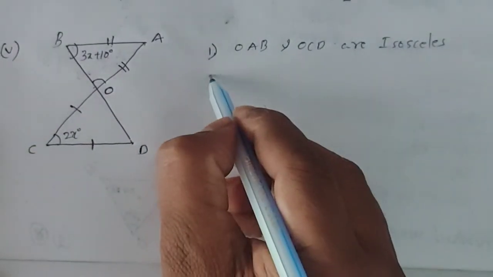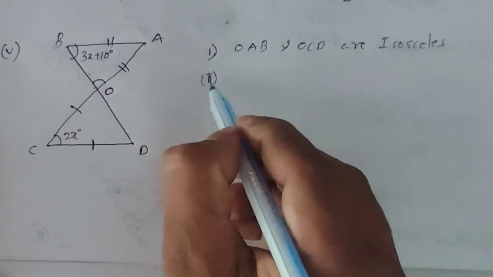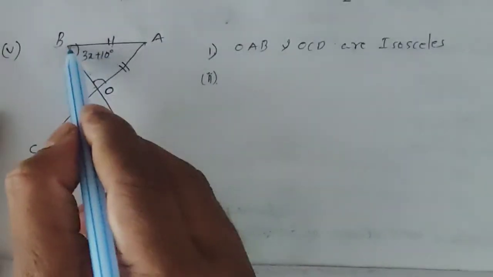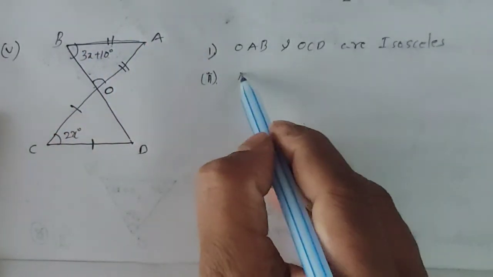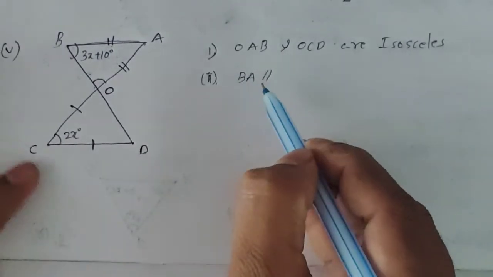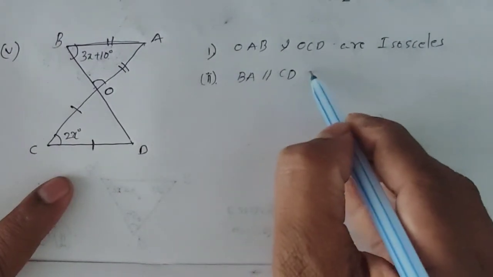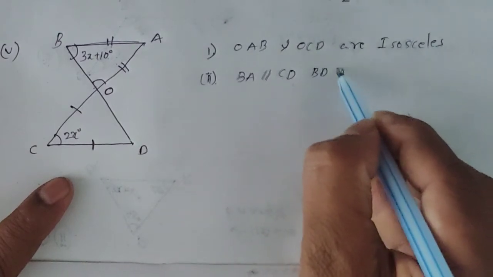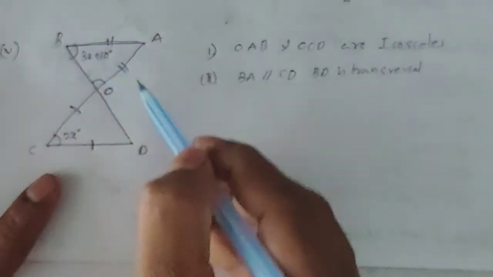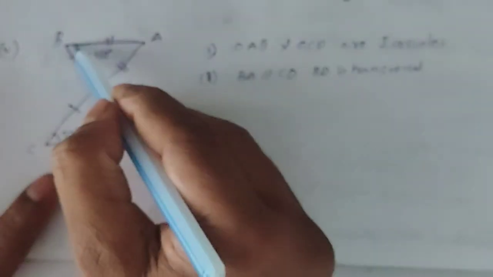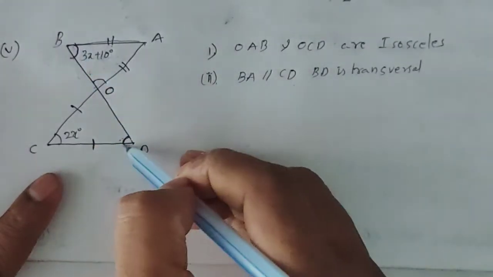The second thing to observe here is that BA is parallel to CD, and BD is a transversal. So angle at B and angle at D, these two angles, are corresponding angles.